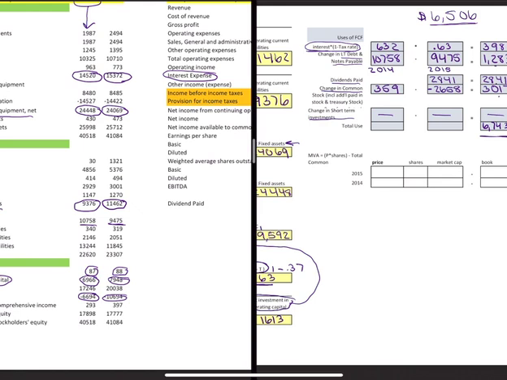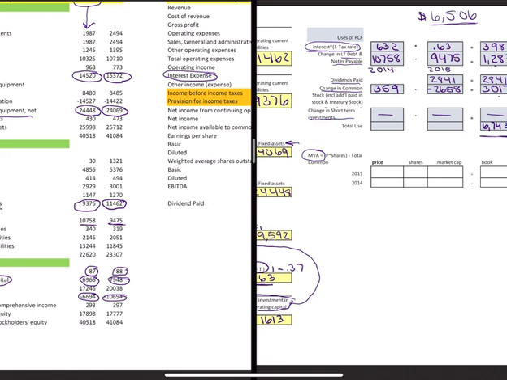Now we're going to calculate our MVA, okay, which is the market value added. So did they add value to their firm, or did they destroy value, right? That's what we're going to calculate here.